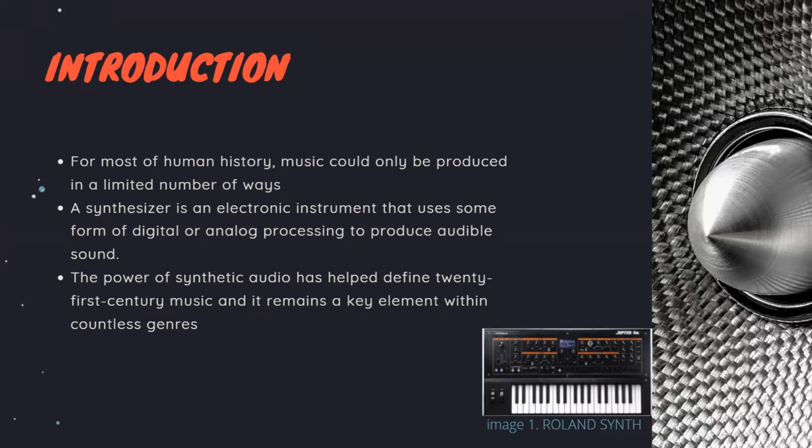A synthesizer is an electronic instrument that uses some form of digital or analog processing to produce audible sound. Basically, people thought: how could we make music more diverse, and make the sound of the guitar more tweakable, with more variety in the sound itself?